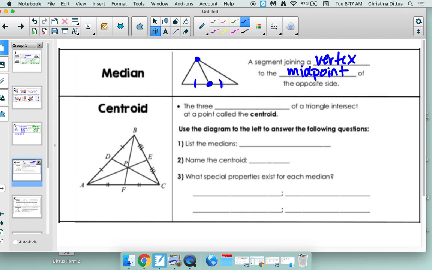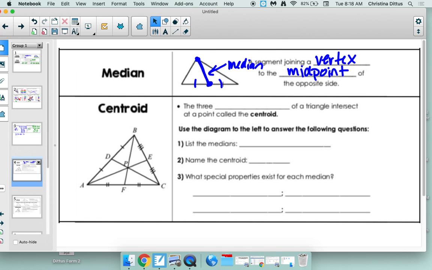And obviously it has to go to the other side. Otherwise it would just be like a weird half line of your side of your triangle. So this is your median. So when you're looking for medians, you gotta look for the dashes on either side of your dot. So it'll tell you it's a midpoint.